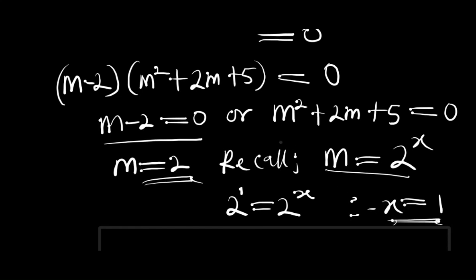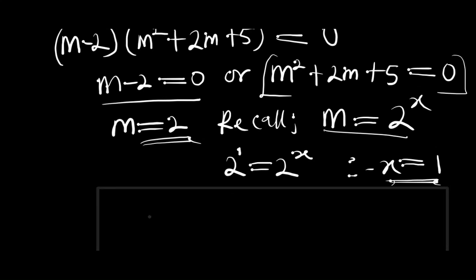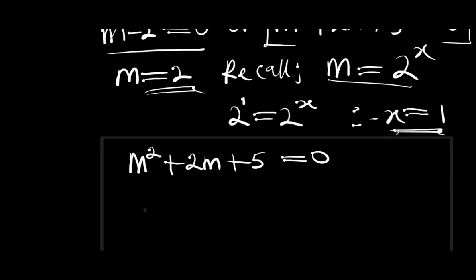Now let's solve this other quadratic equation to find the other solutions for m. Then obviously we need to check if this will give us a real solution or a complex solution. We have m power 2 plus 2m plus 5 equals 0. Let's make use of the discriminant, which equals b squared minus 4ac.